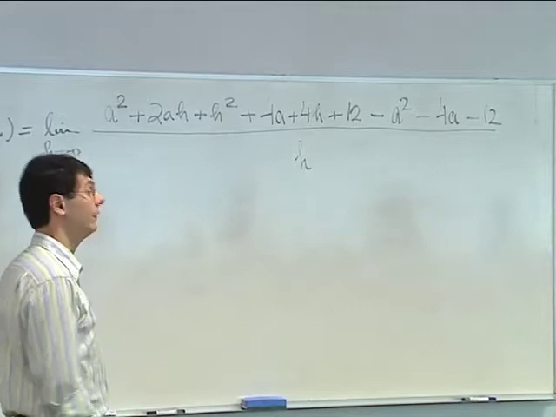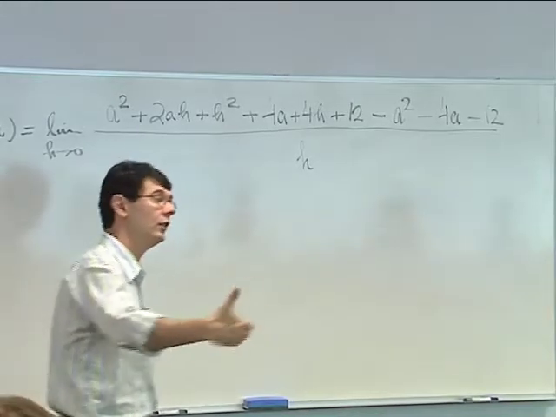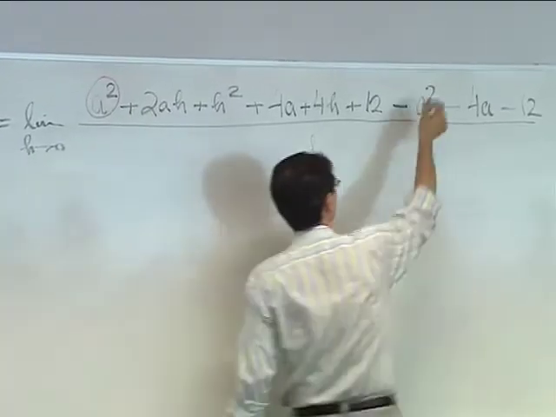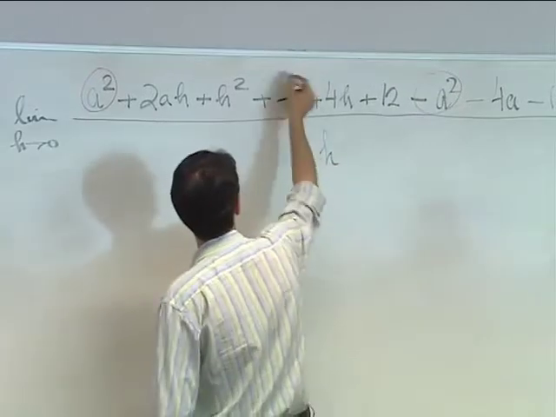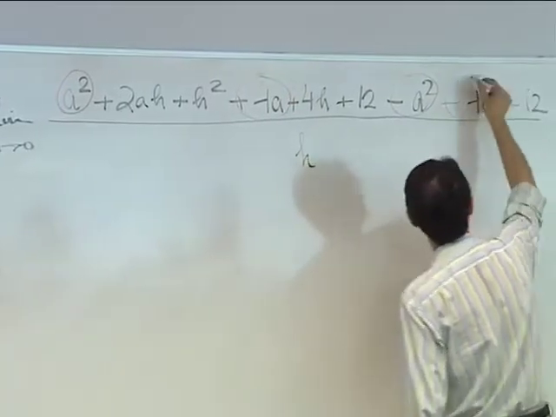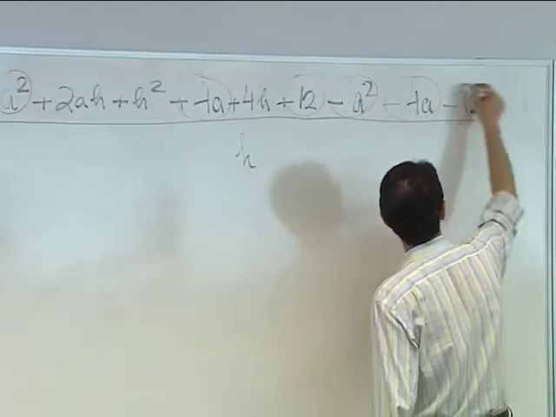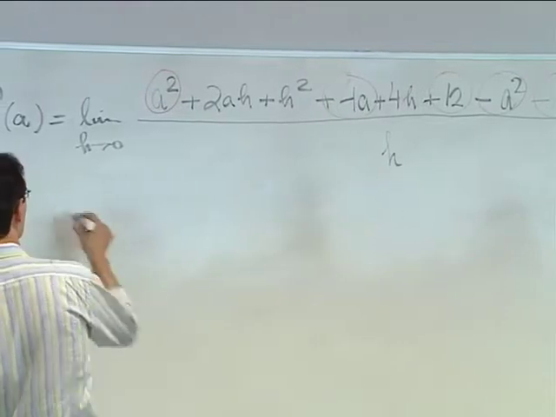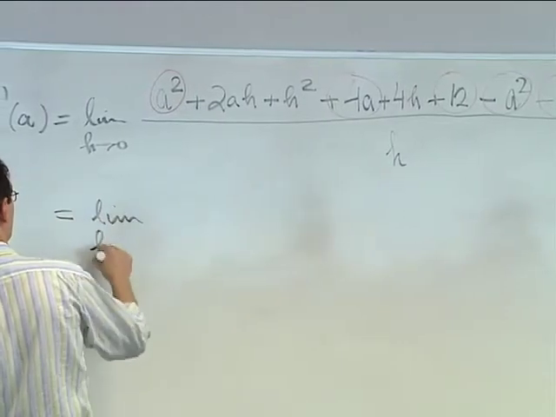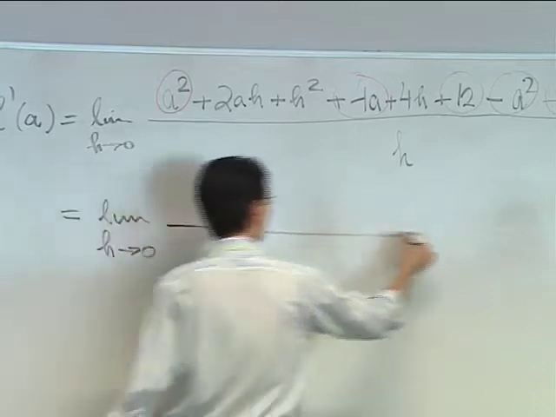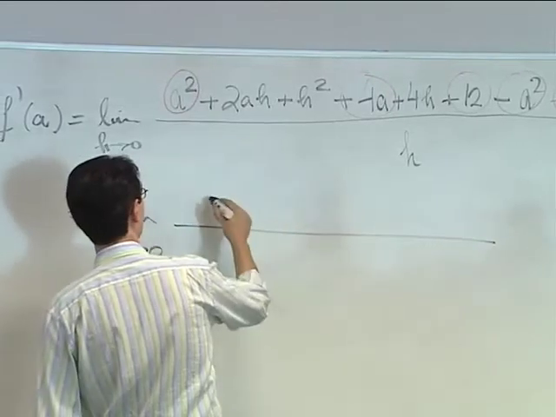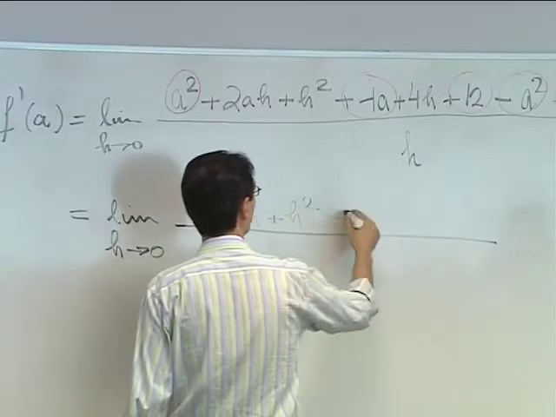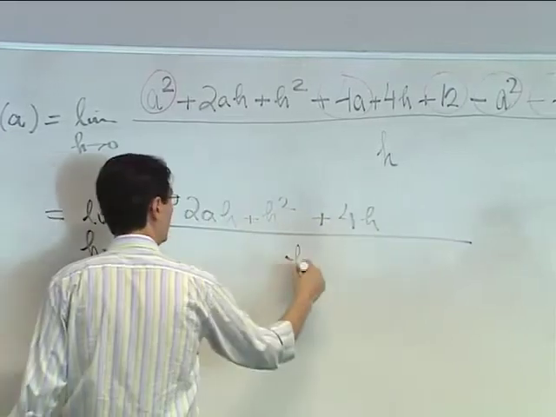You hope to cancel stuff, and stuff very obligingly cancels out. A squared cancels with A squared. 4A cancels with 4A. 12 cancels with 12. Limit, when h goes to 0, see what's left. 2Ah plus h squared plus 4h on h.